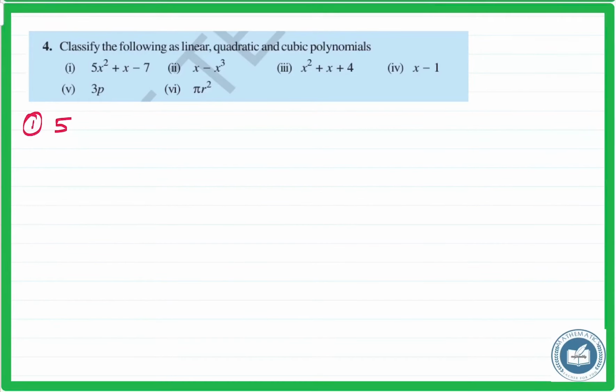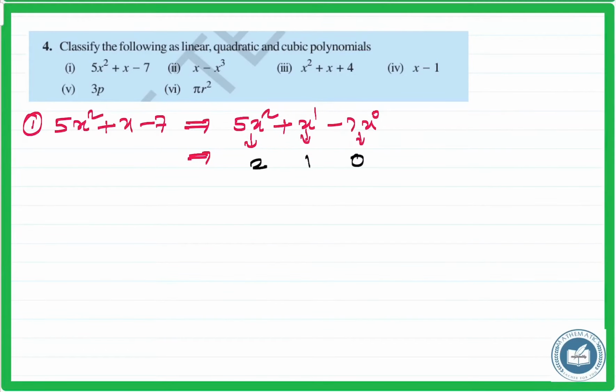First one, 5x square plus x minus 7. So we have to decide the degree of this one. 5x square plus x to the power of 1 minus 7x to the power of 0. Here the degrees of the terms are 2, 1, 0.